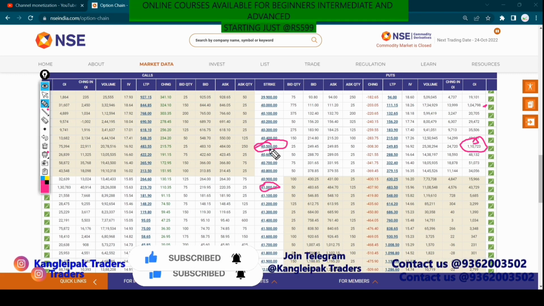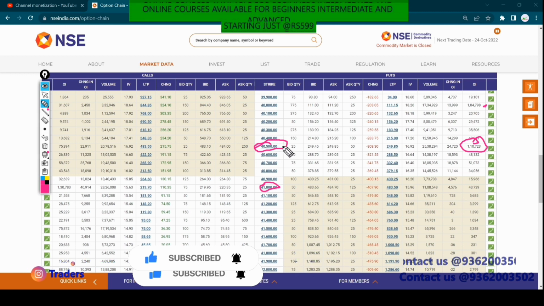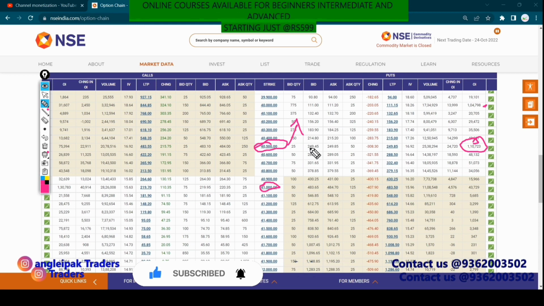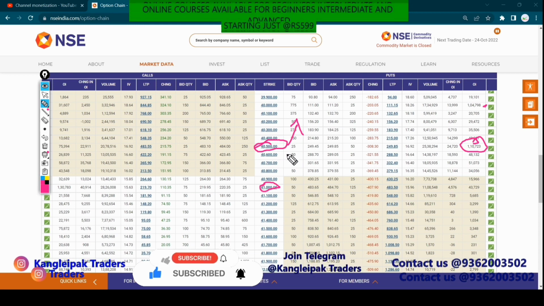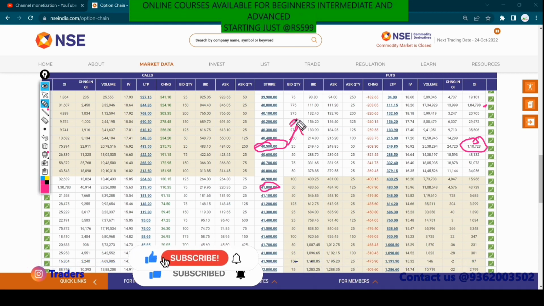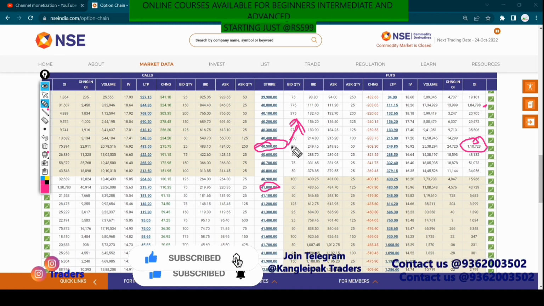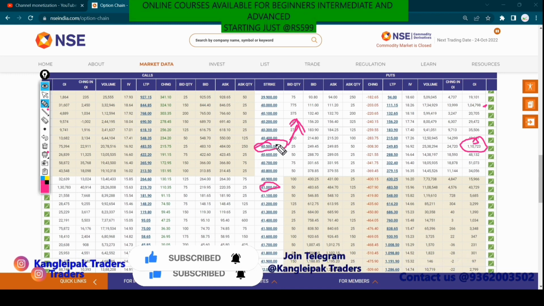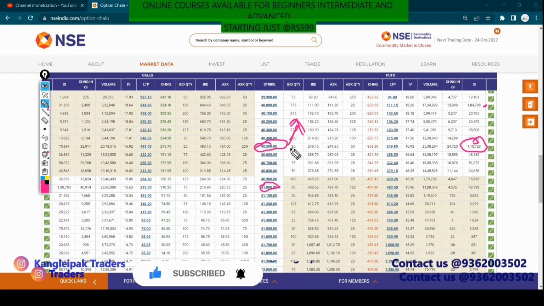The people who sell puts are expecting the market not to go bearish below 40,500. They don't want the market below 40,500, so they want it to go up or go sideways. This is the main thing for the sellers.